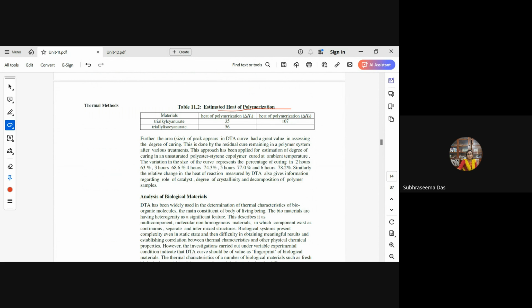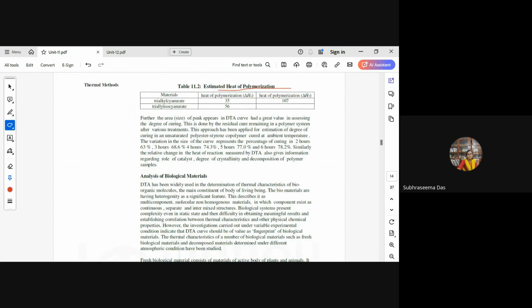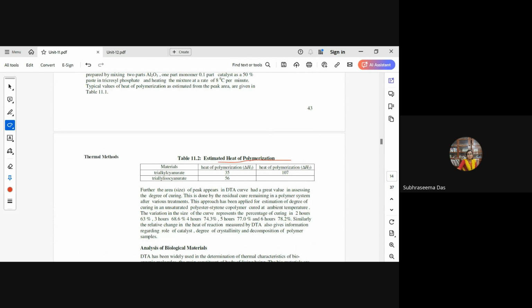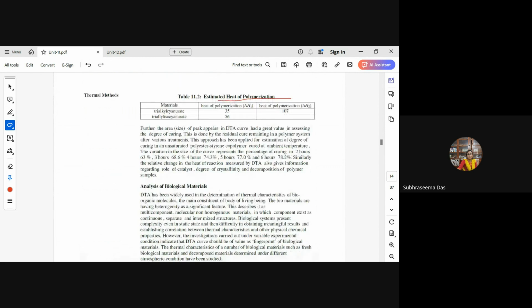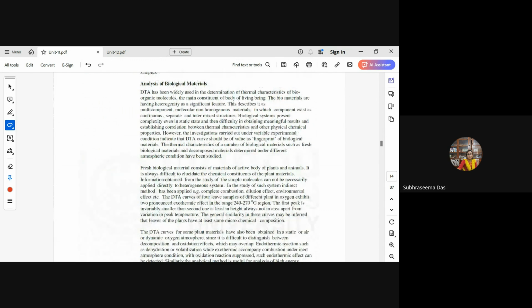Further, the size of the peak in DTA curves also has a great impact in assessing the degree of curing that occurs during a polymerization reaction. Now coming to the utility of DTA curves in the analysis of biological materials, DTA has also been profoundly used to understand the thermal characteristics of biological molecules.